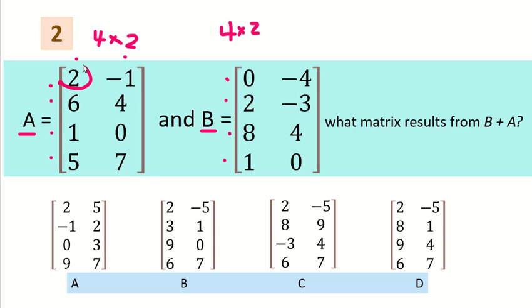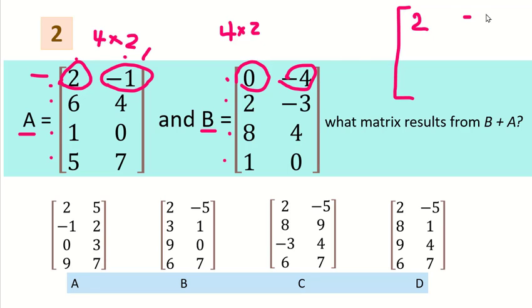I just take the element A1,1, first row, first column, add those together to get my results. 2 plus 0 is 2. And then I go to A1,2, row 1, column 2. -1 plus a -4 is -5.